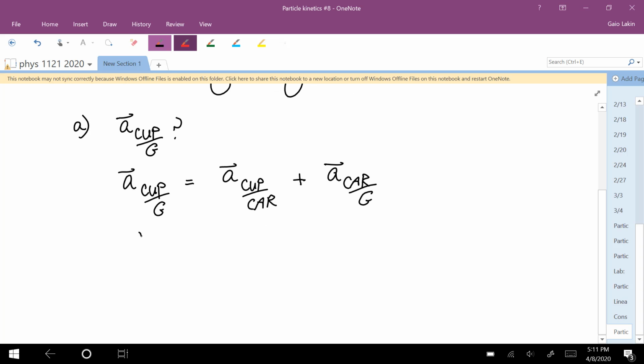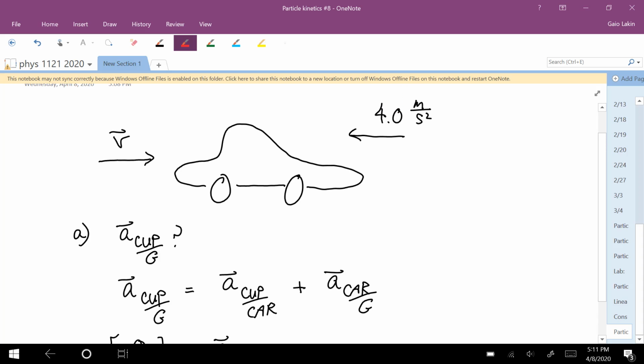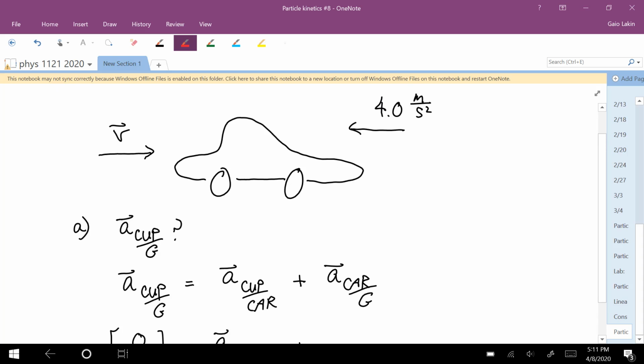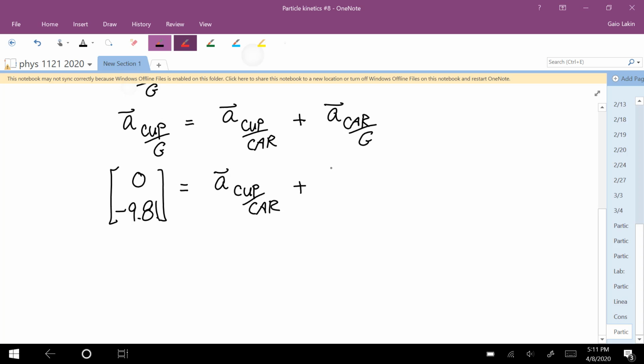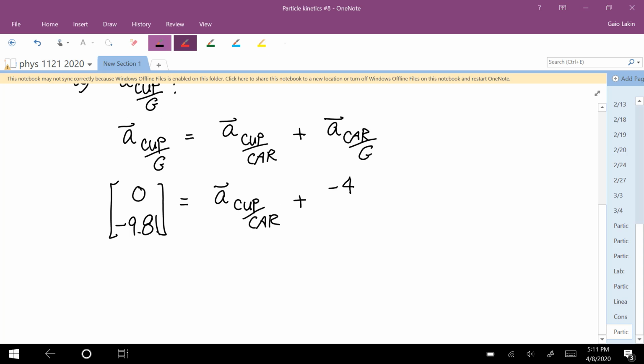So this is 0, negative 9.81. This is what we're trying to calculate. And we know that the acceleration of the car relative to the ground is toward the left. So that's negative 4, 0.